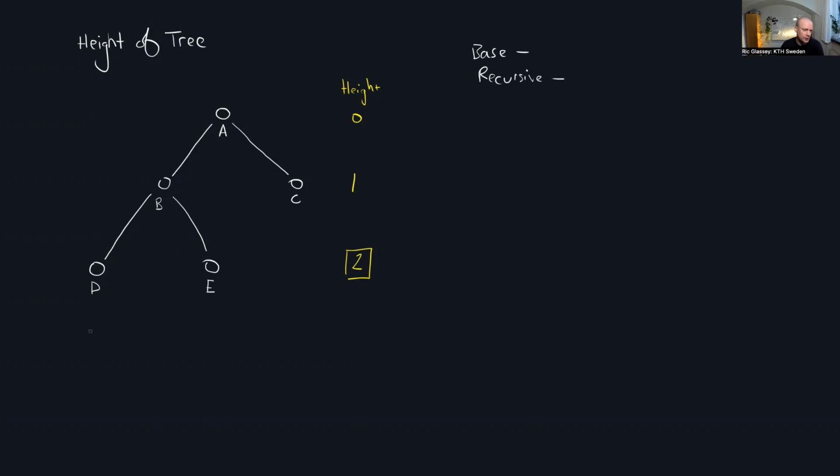Well, you've kind of answered it already, because you've said once you have no more children to recurse to, then that is the base case. And that's true here. The base case is you've got to a leaf. The recursive case is there are still children to visit. So these are some of the nice repetitive things about writing tree algorithms: you already know what your base and recursive cases are going to be.